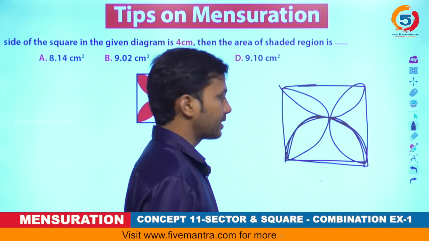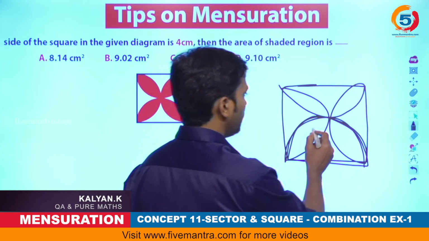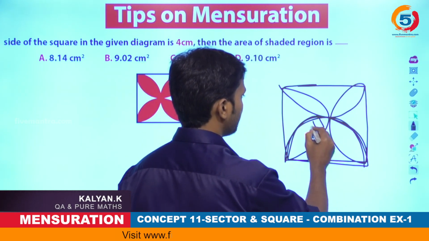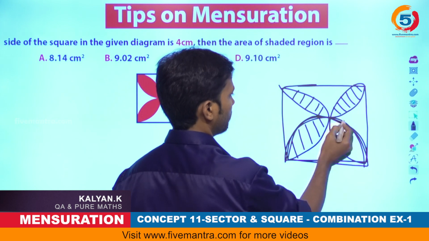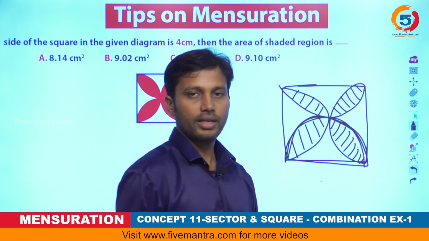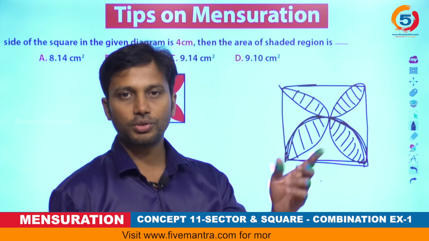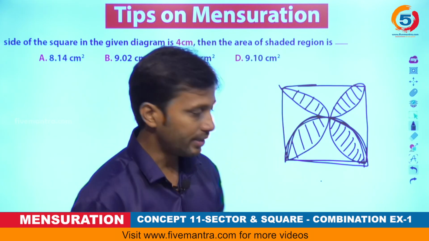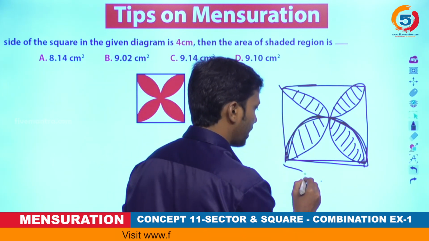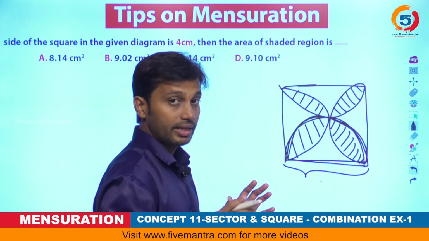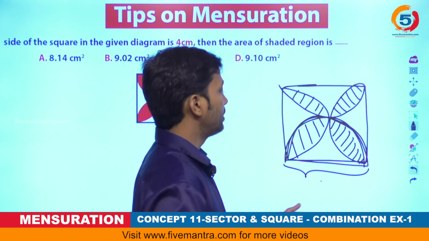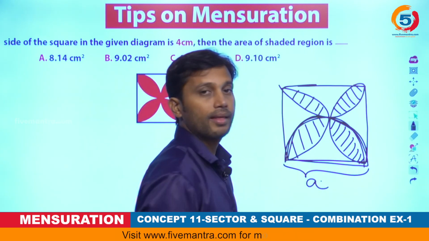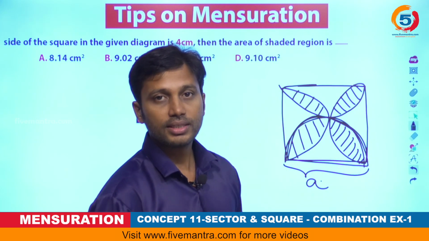In that case, what is the area of this shaded region? That was taught to you in that video. Let me explain this clearly before starting the problem. Here this is A, the side.